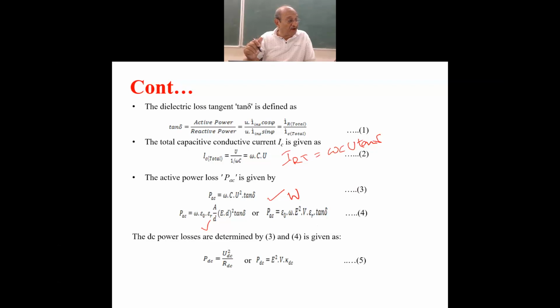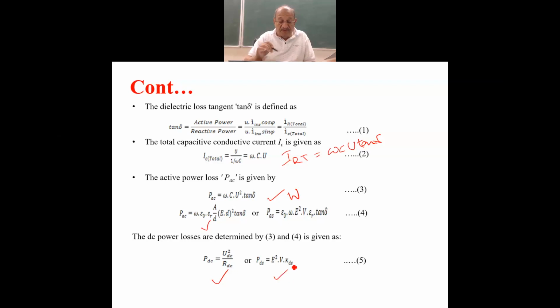And further on, for DC, you have PDC equal to UDC square by RDC, and when you put the values together, the PDC, the active power loss in the dielectric, will be equal to E square into V, where V is the volume, into kappa DC.